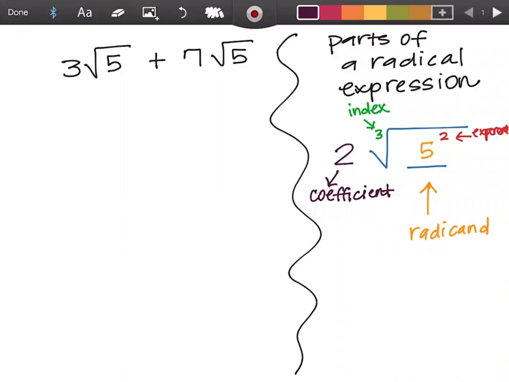The number that's inside of the radical, which is in blue. The blue is the radical, but the orange that's inside of it is called the radicand, and then that red two is an exponent.